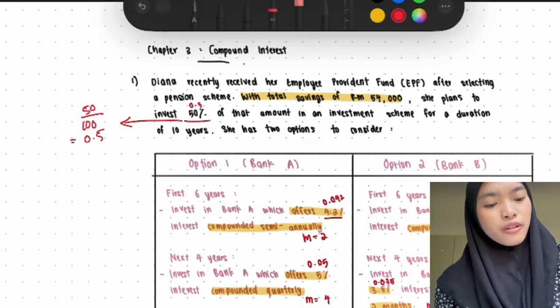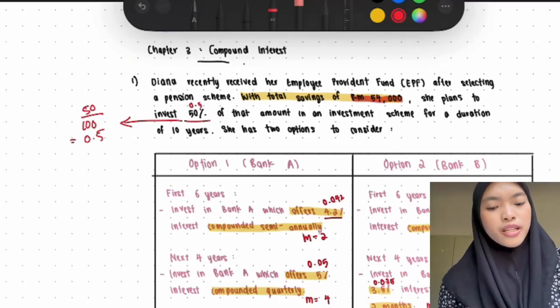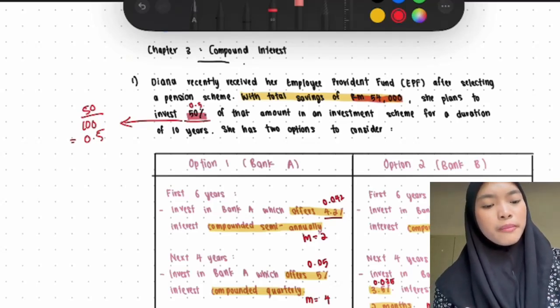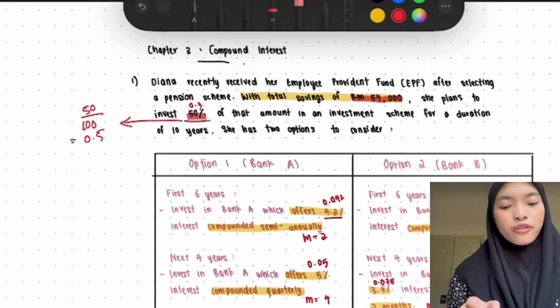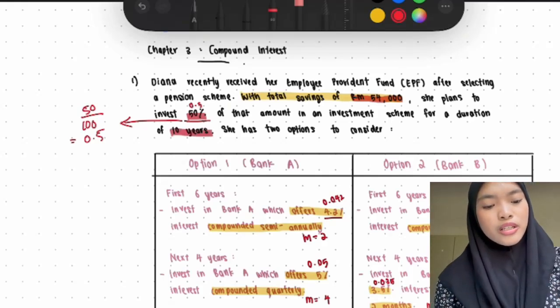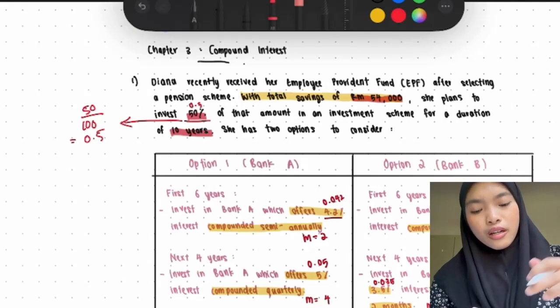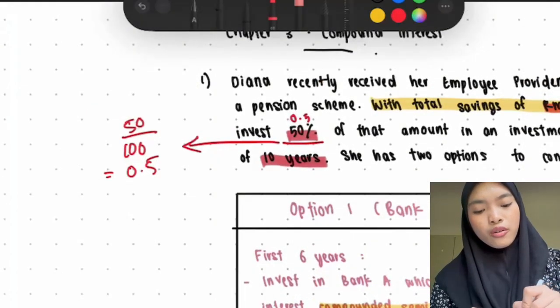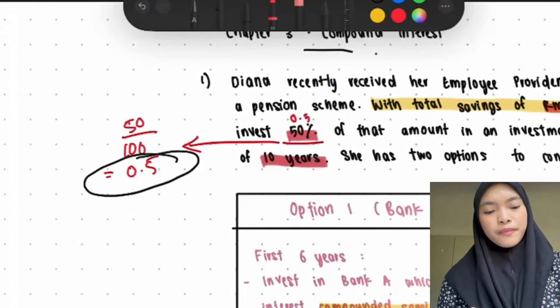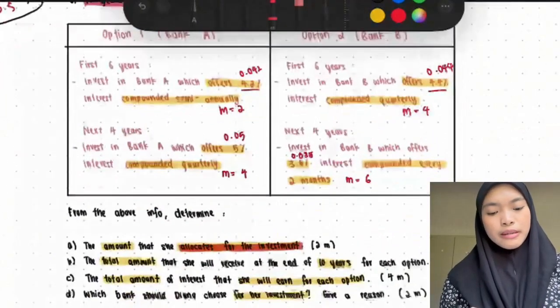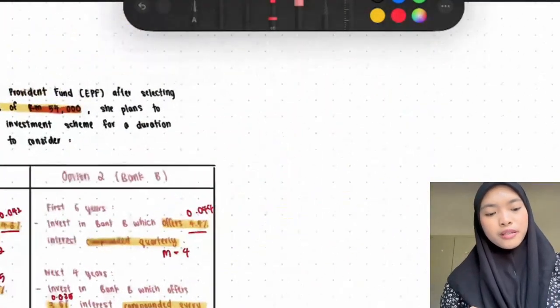With total savings of 54,000, she plans to invest 50% of that amount in an investment scheme for a duration of 10 years. She has two options to consider. So from here, 50 over 100, we have 0.5.